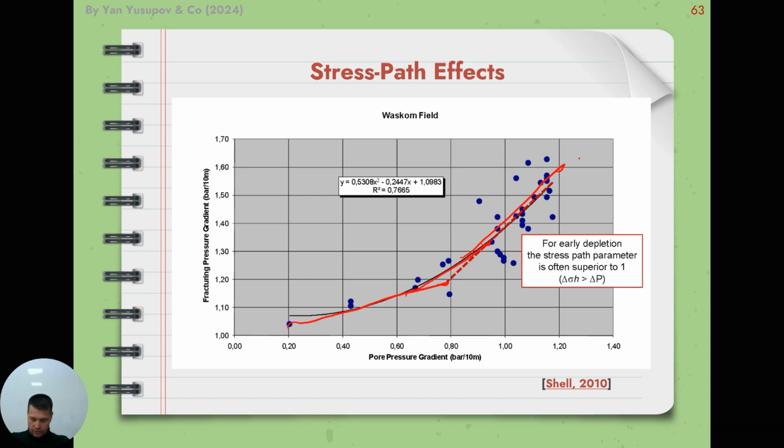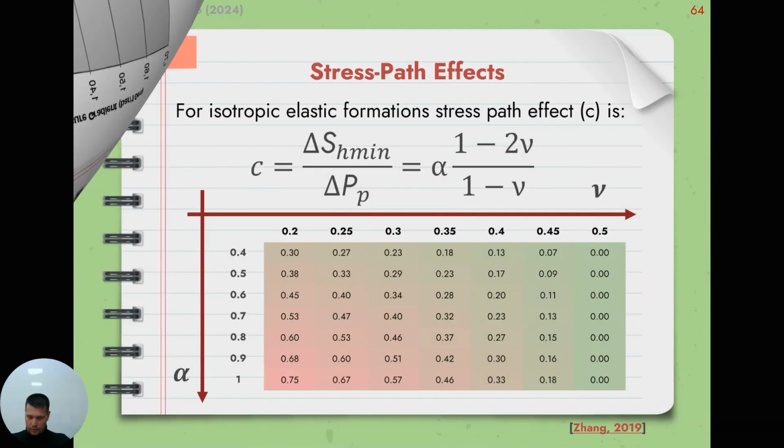The most trend here is the stress path effect near 1 and reduce to 0.7, 0.8.